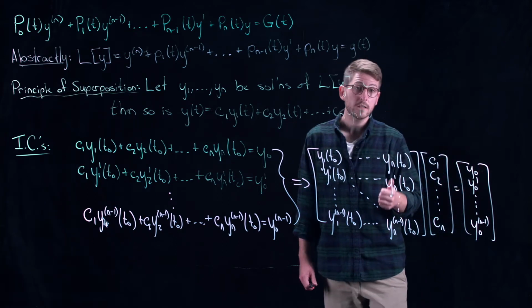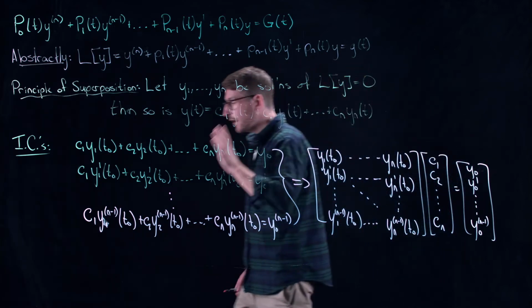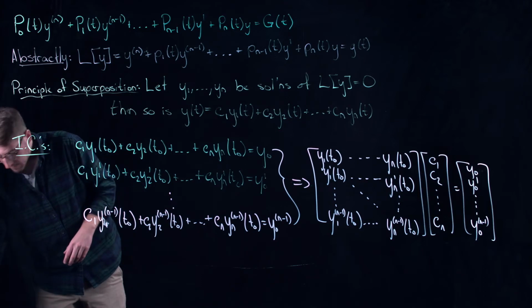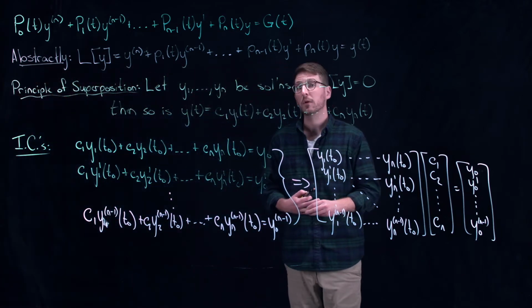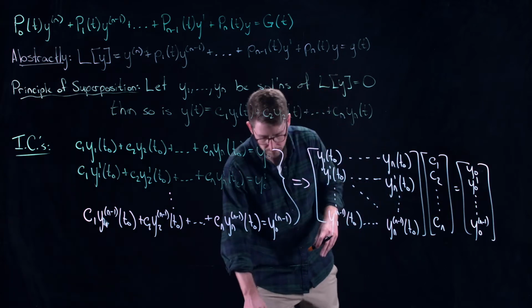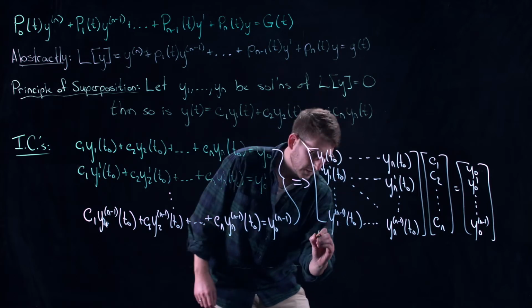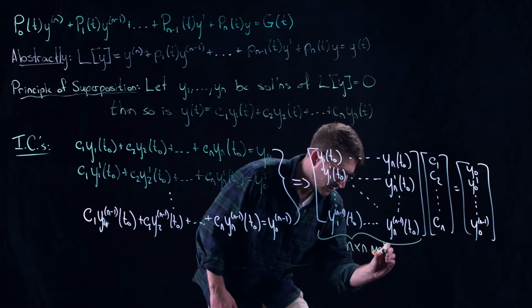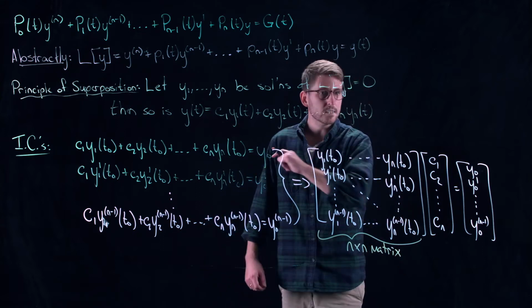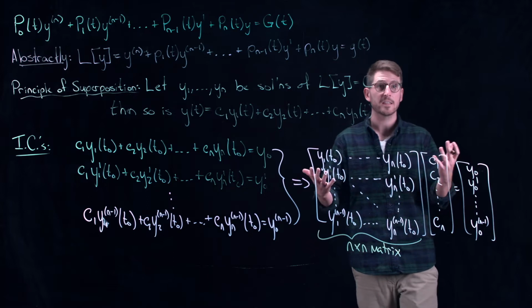If n is equal to 3, then it's the state, its derivative, and its second derivative. Okay, I don't want you to get too intimidated by the abstraction here. Again, this is just what we've seen, taking it up a notch, sort of inductively. But this thing right here is an n by n matrix. In fact, when n is equal to 2, that is the matrix that we use to define the Wronskian.